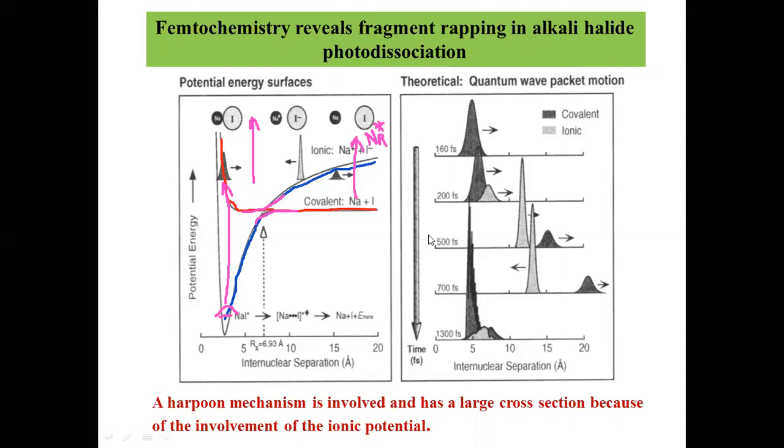Again, if we move the wave packet further, what you will realize is that out of these two parts, one is going to go in this direction, and the other part is going to come back in this direction. So that means it is going to go back. Look here, this part is out of this well, and this part is going to go back. So the wave packet is going to move here.